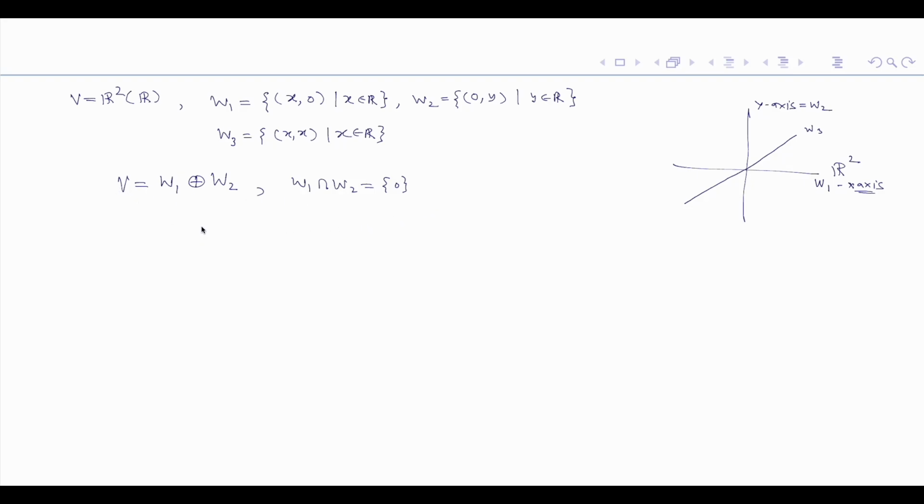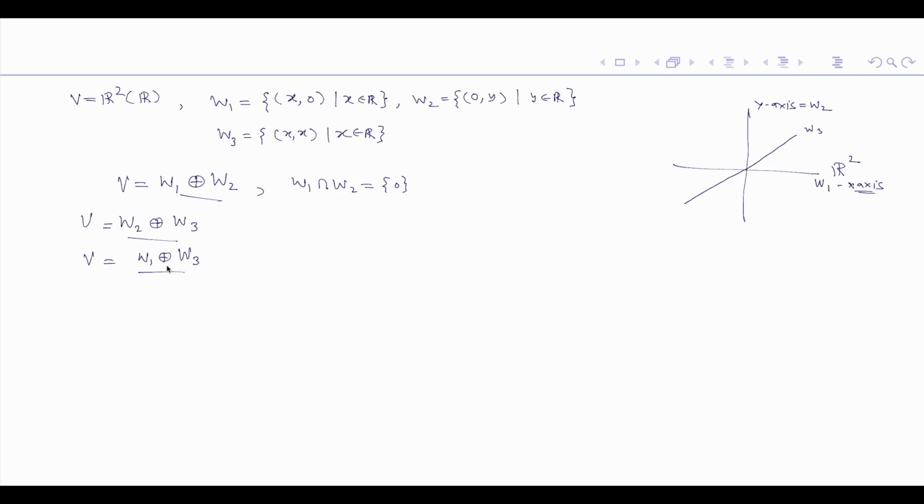Again, what about W2 direct sum with W3? That also gives you V. And what about W1 direct sum with W3? So you are going to get three direct sums, right? You got my point or not?